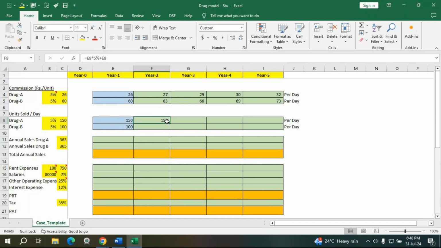I'll come and drag it. And here for drug B, previous year value into 5% plus the previous year value. So the ones who are trying now, please apply the values and do this calculation. I'll show the formula.